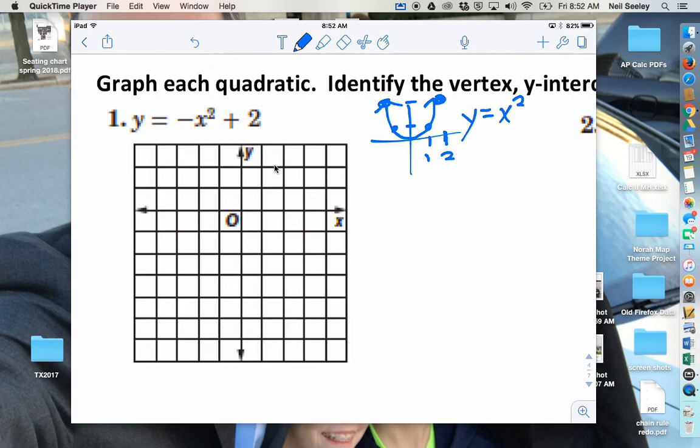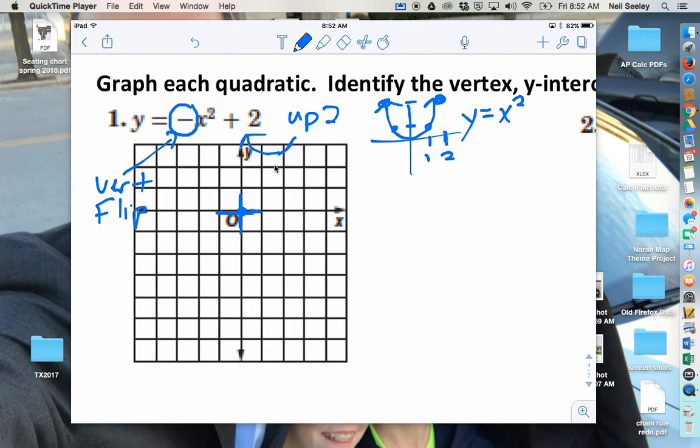But what's happening, you might not remember, but this negative is what we call a vertical flip. And then this little plus 2 right there is shift up 2. It takes the graph and shifts it up 2. So it takes this graph that I already know, and here's the origin if you couldn't see it on your graph. It's right there.